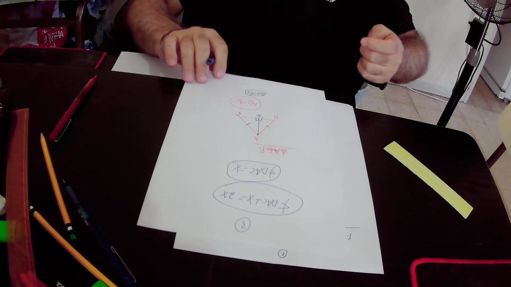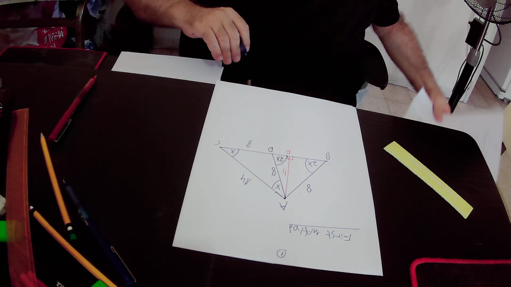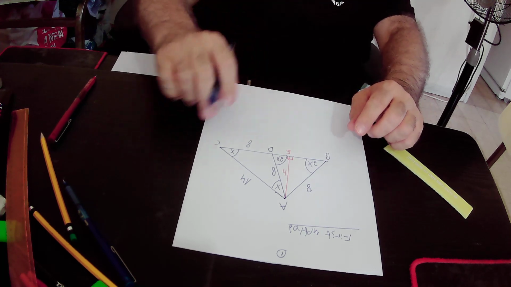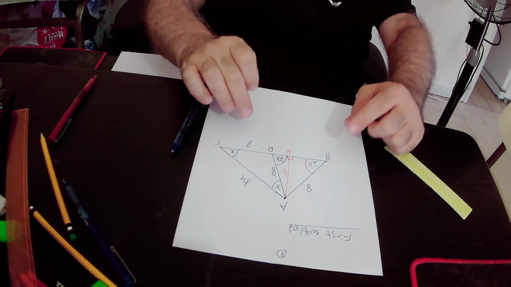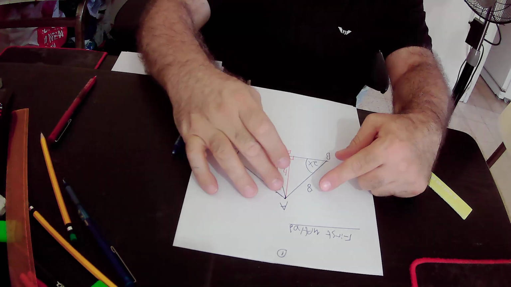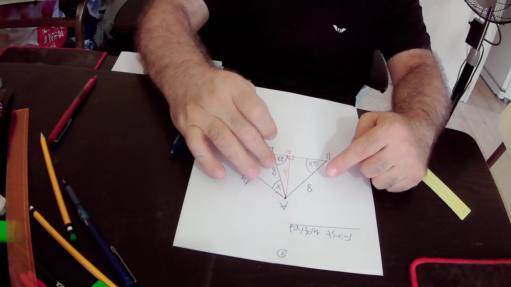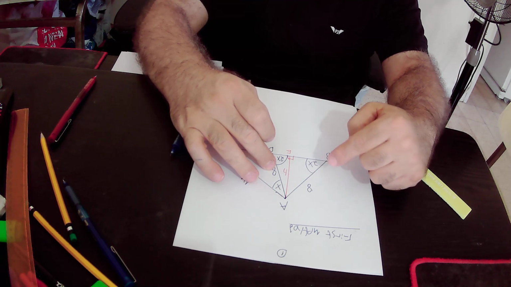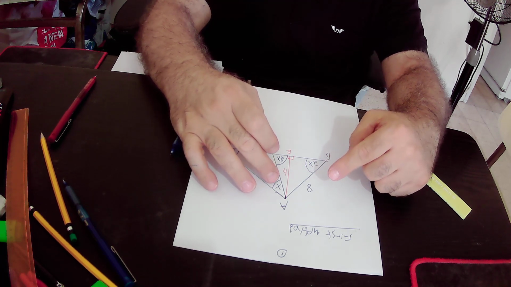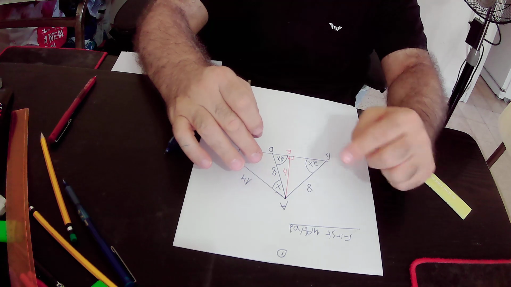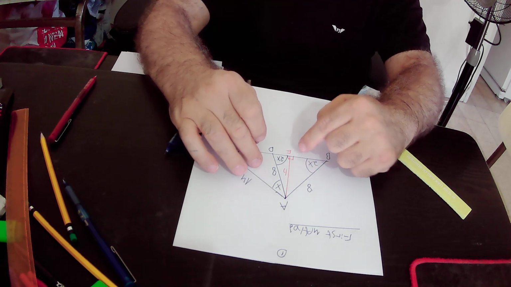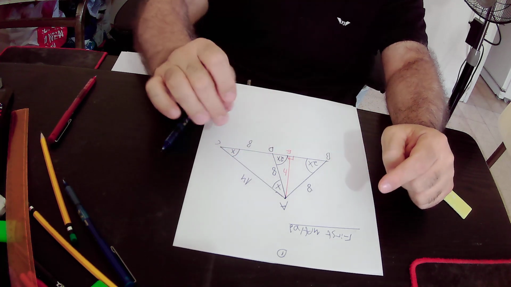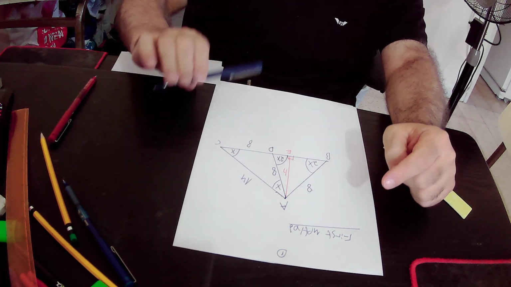So, in our drawing, we have a triangle ABC, and we know that triangle ABD is an isosceles triangle because AD equals AB, therefore triangle ABD is an isosceles triangle, and we draw a perpendicular from point A, therefore ED equals BE.